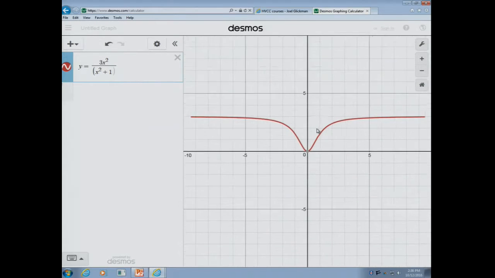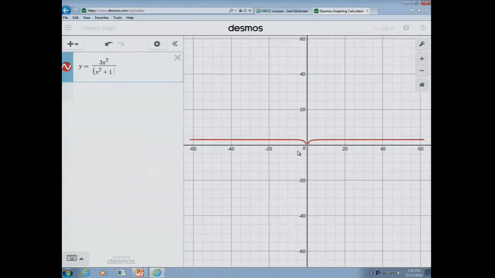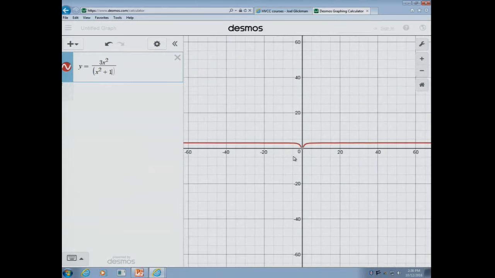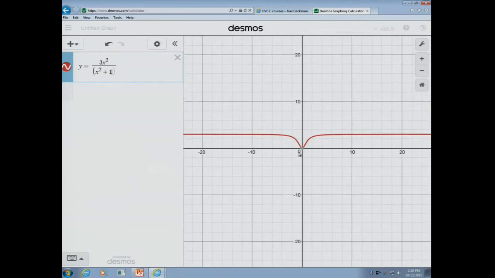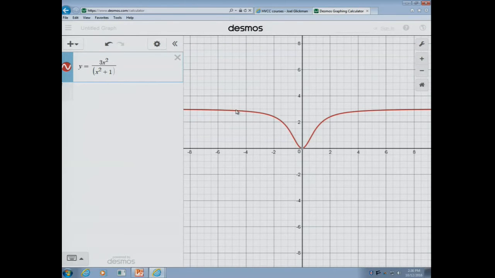Now, you could zoom in, you could zoom out, but no matter what, you could zoom out as far as the eye can see, and that thing is just lined up on 3 ever so nicely. And it will do that forever and ever. So again, imagine it's a magnet, and the more you drift away from the middle, the more that magnet attracts our curve to y value 3. You can see it happening right here, and then finally it lands right there at 3.